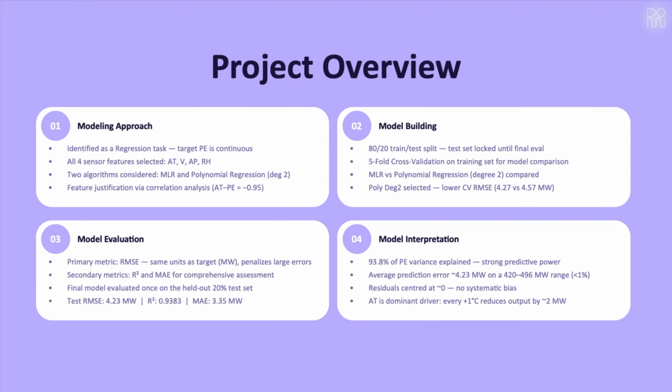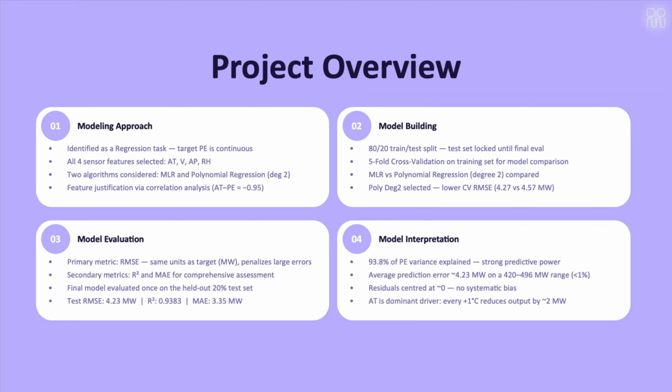Sensor reading data. So in our project overview, what we will see is how the model was approached, identifying the regression task, all the sensor features selected, the algorithms that were considered, and feature justification via correlation analysis.